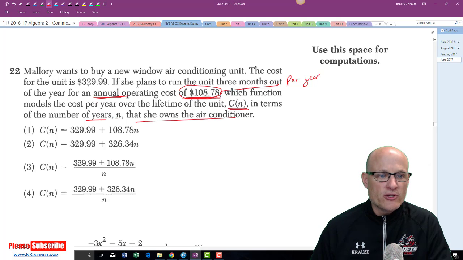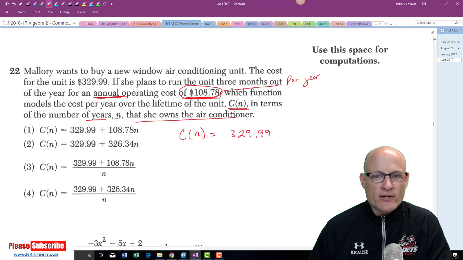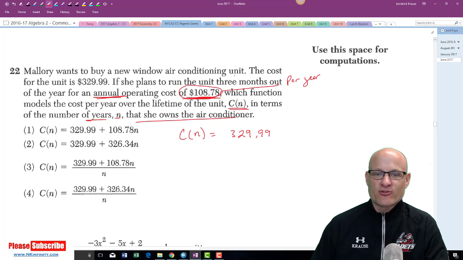So the cost for the unit, so C of N, is equal to $329.99. If she plans to run the unit for 3 months out of the year, for an annual, see, that's tricky.